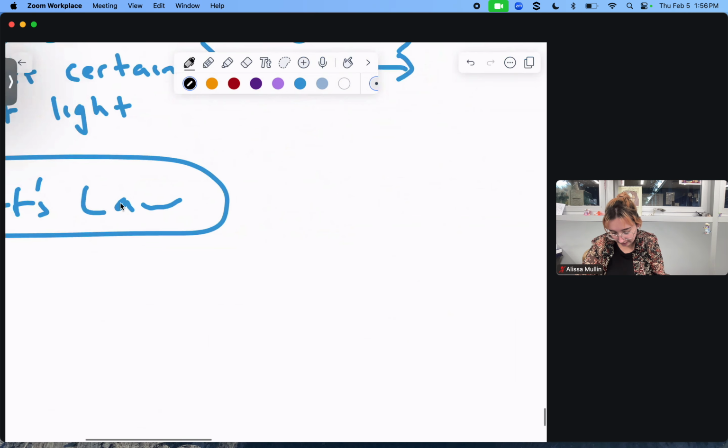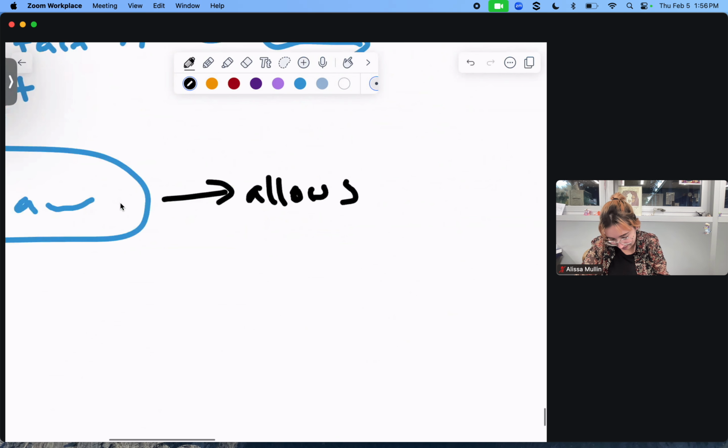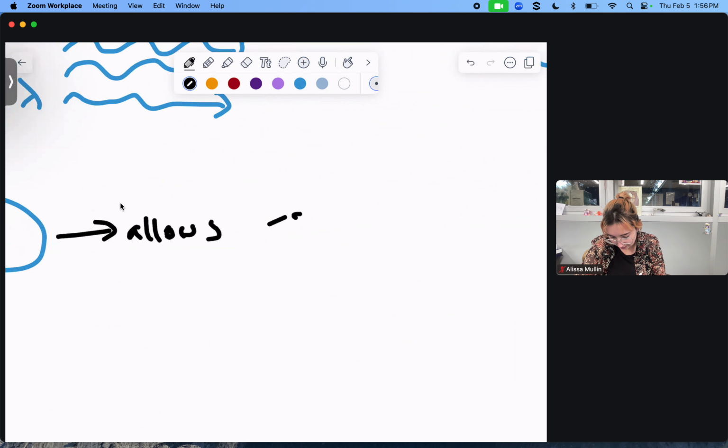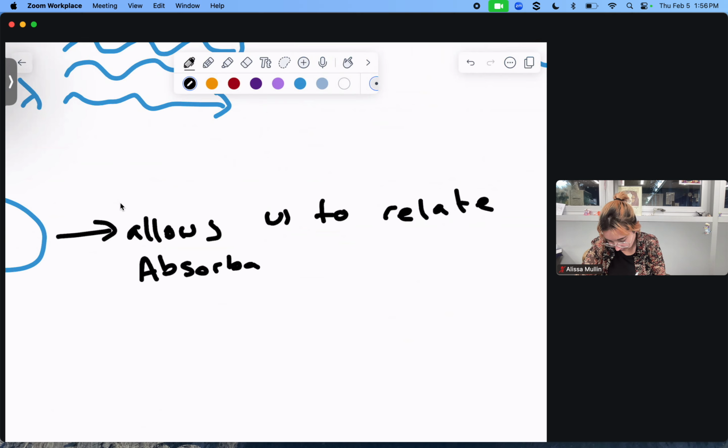So setting it to a certain wavelength and focusing in on one of our particles, one of our colors, allows us to relate absorbance data and turn it into concentration data.